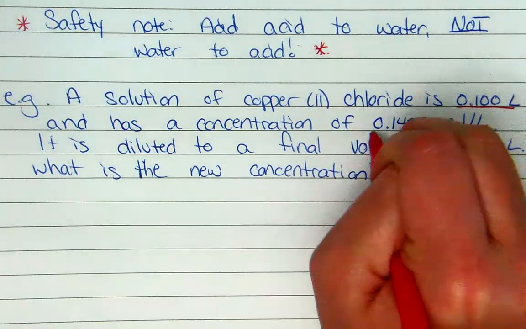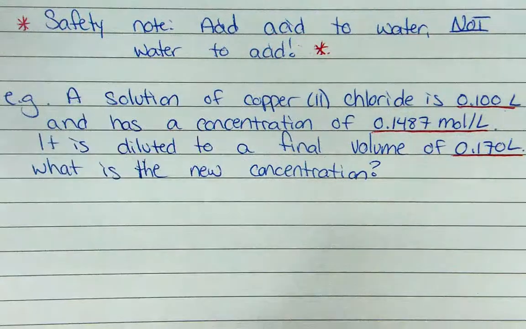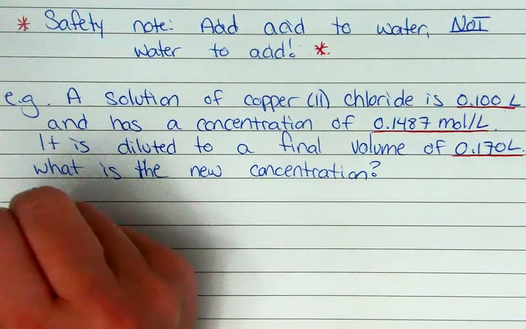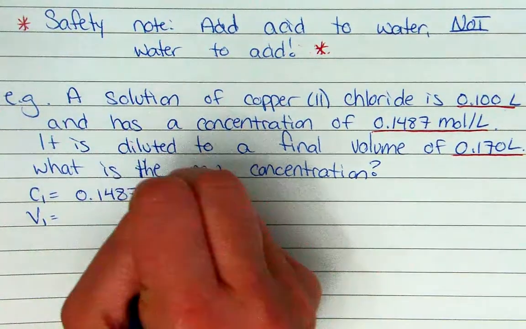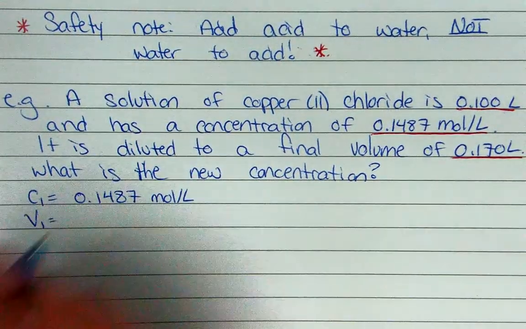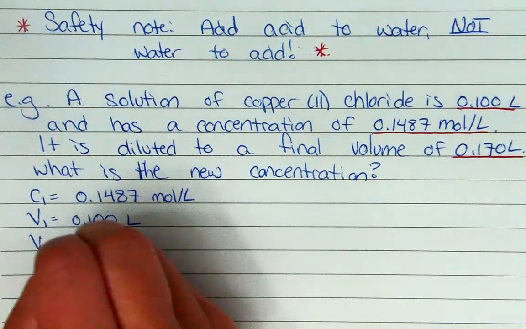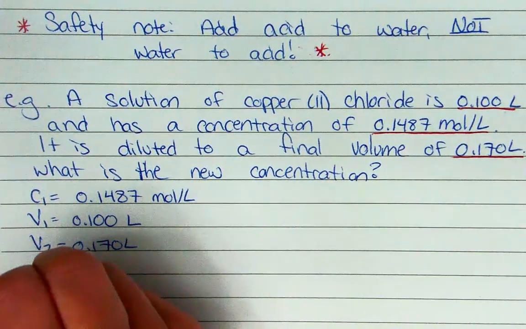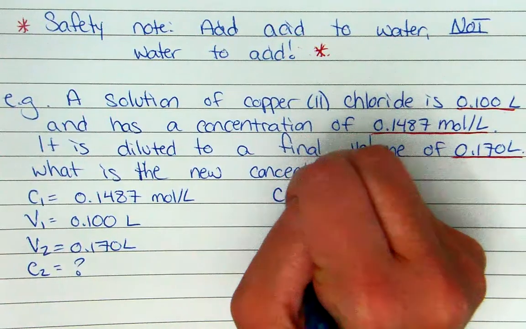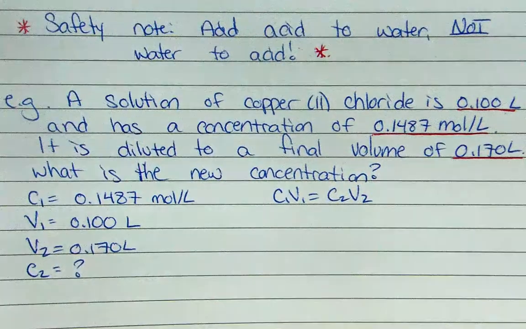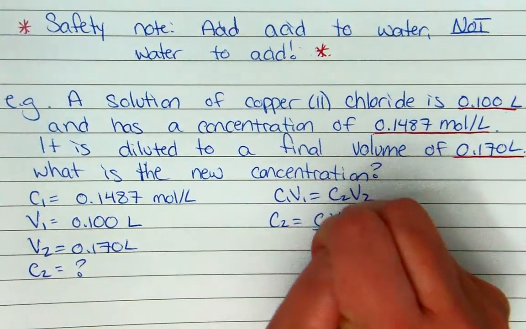Identify what's C1, what's V1, what's C2, what's V2. Look at C1 is 0.1487 moles per liter. V1 is 0.100 liters. V2 is 0.170 liters. And C2 is unknown. So when I rearrange, I get C2 equals C1 V1 divided by V2.